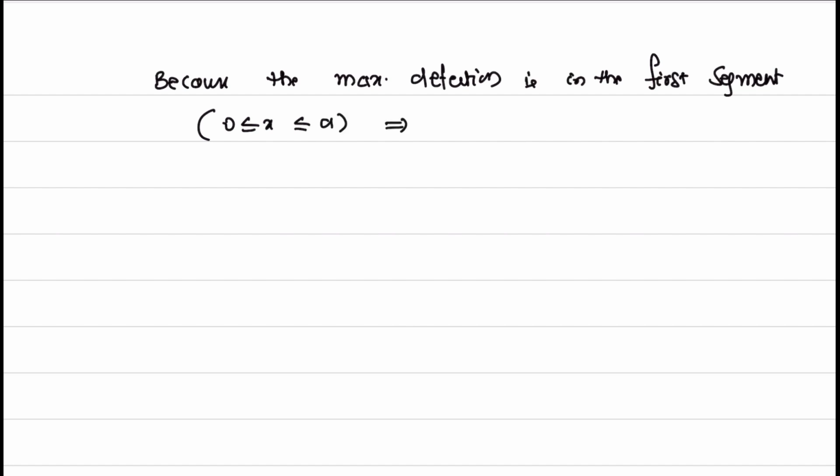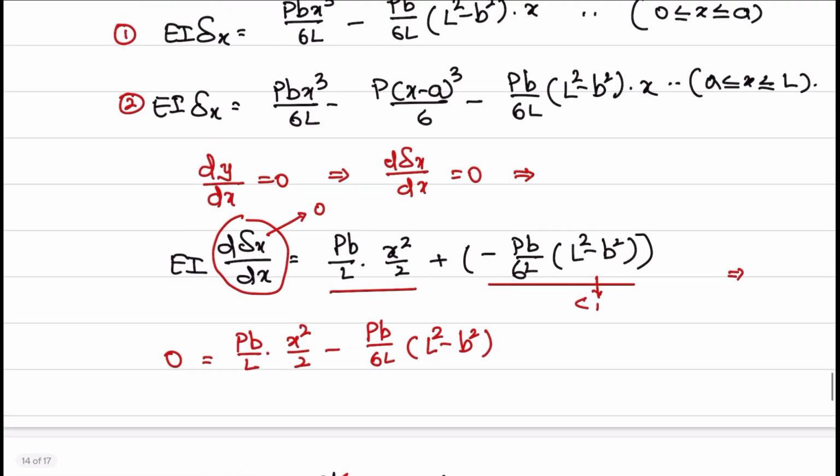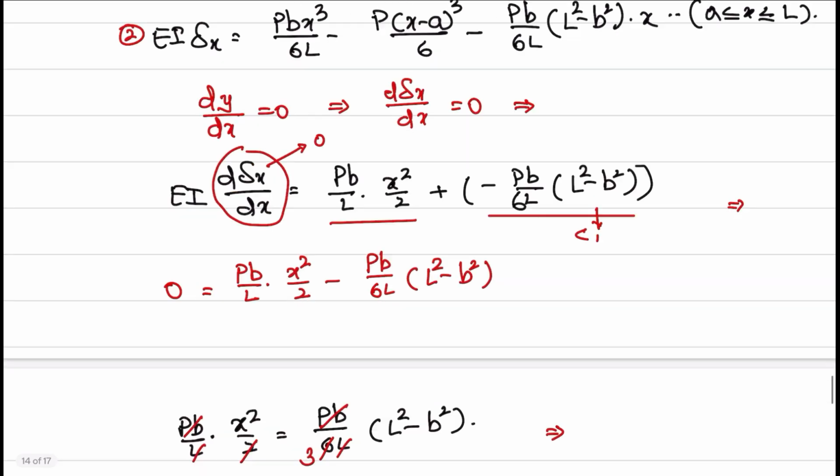That implies EI delta x is equal to delta maximum. What is that equation?